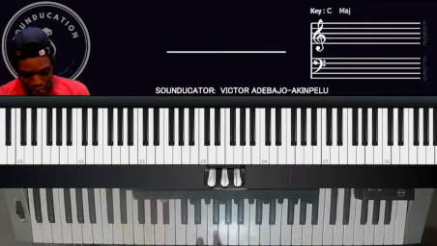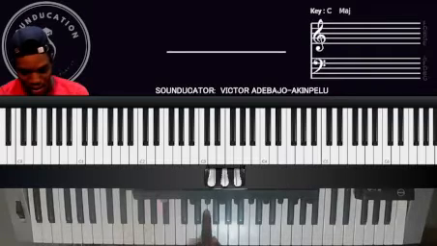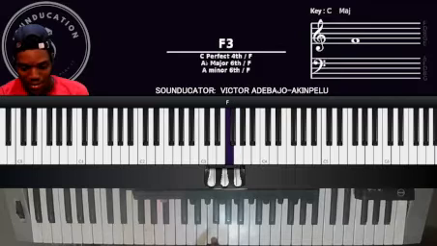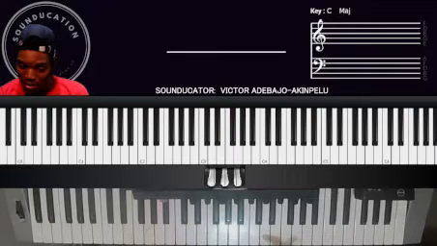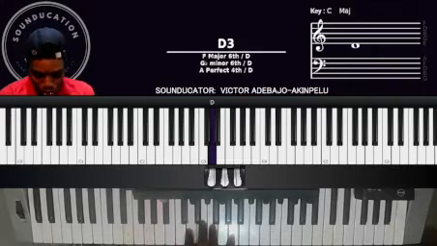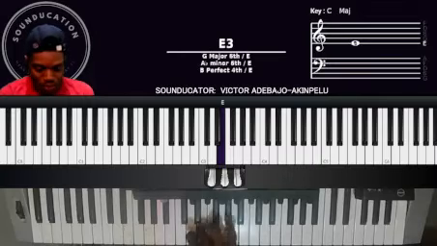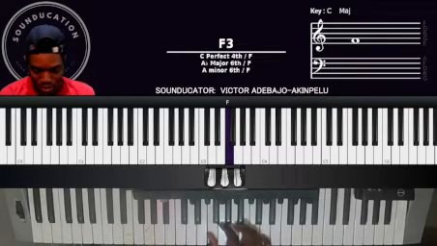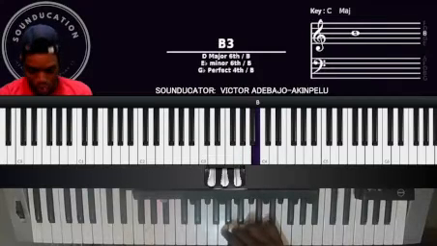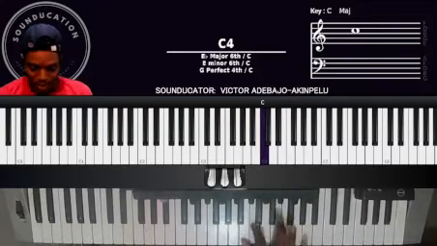Now between these two notes, you see that there's no black key in between. So it means that this note and this note are a semitone apart. Hence, no black key in between. So it is tone, tone, semitone, then tone, tone, tone, semitone.